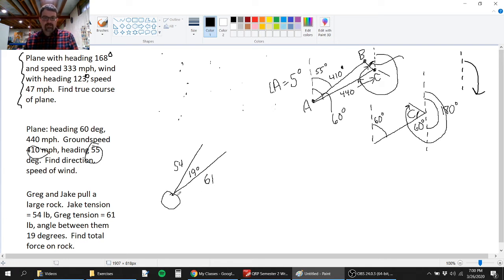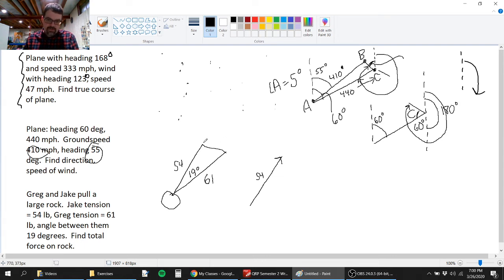Here's your rock that's getting pulled. And the inclination is to say, oh, heck, that's side, angle, side. We'll just connect that up there and solve the triangle, and that's great, except, no, that's not how these two forces add up. To add up the forces, okay, well, here's 54. Adding vectors means drawing one and tacking the other one onto the end of it.